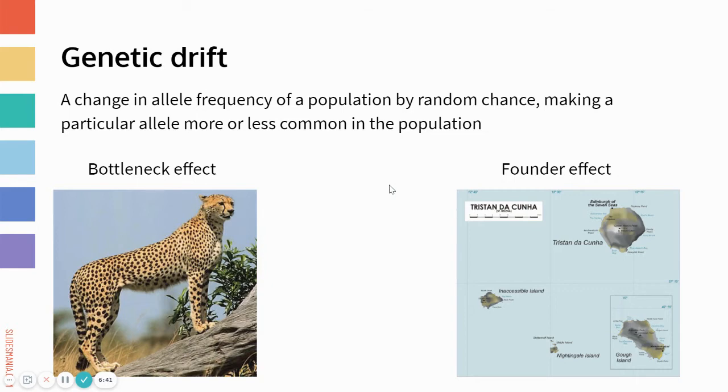And then the other thing is a founder effect. This is when a small number of individuals from a population go and establish a new population somewhere else. And whatever alleles they happen to have are going to be overrepresented in that new population. And I have a picture here of this island, Tristan da Cunha, in the Atlantic Ocean, I think between South America and Africa.